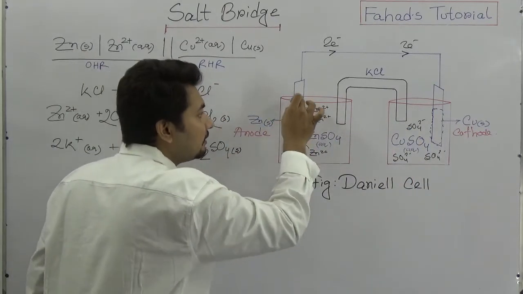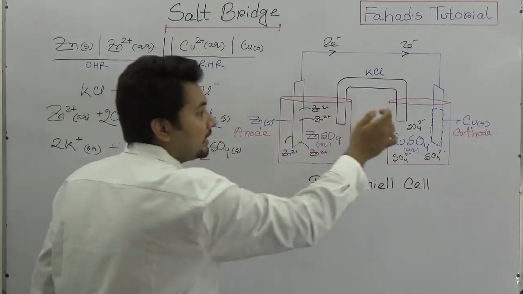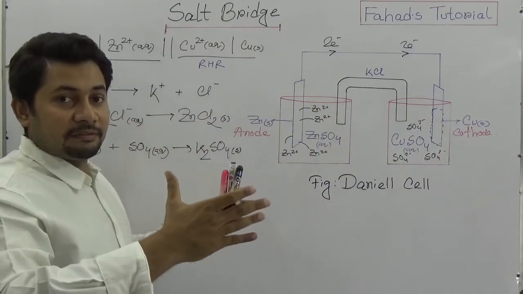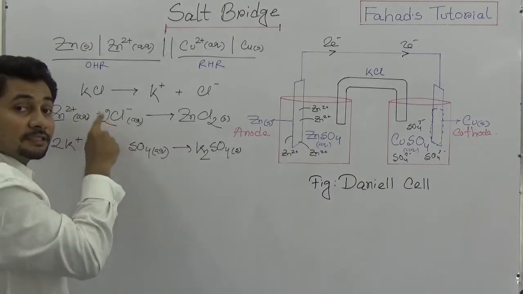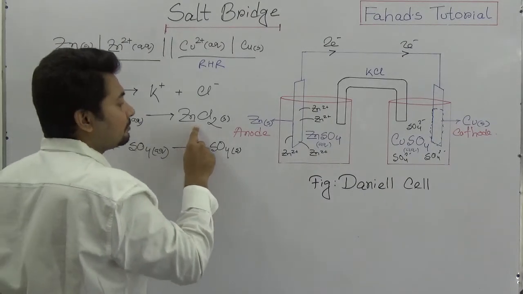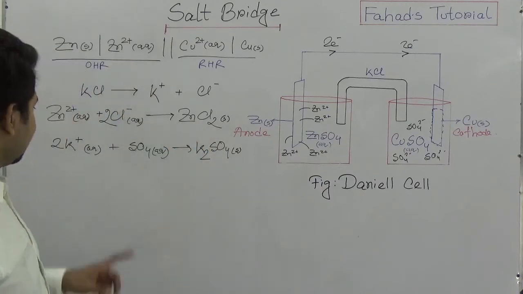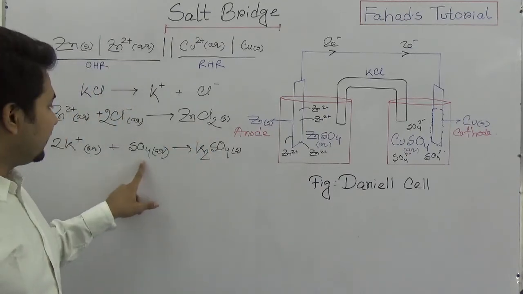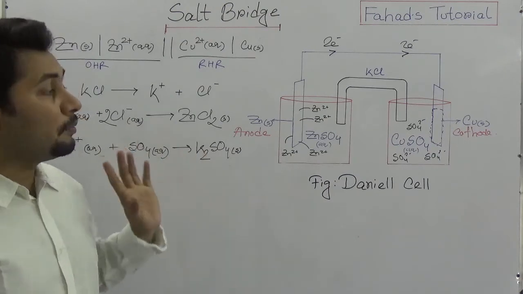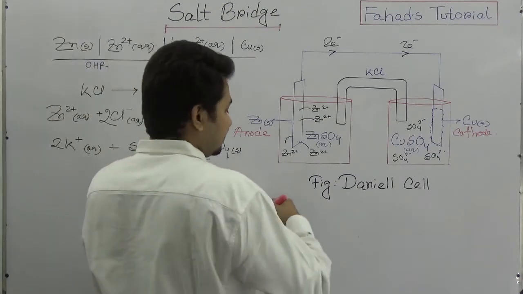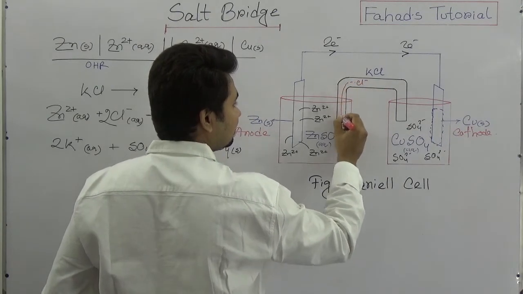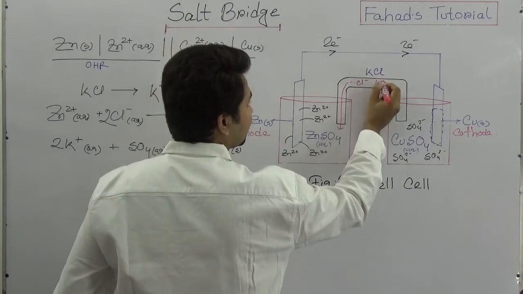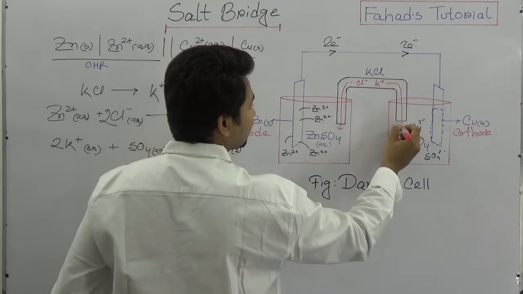So the zinc metal will shrink and the copper will grow. This zinc 2 plus will add with chloride ion and produce zinc chloride, and this potassium will add with sulfate. So the chloride is coming in this direction and the potassium is going in that direction.